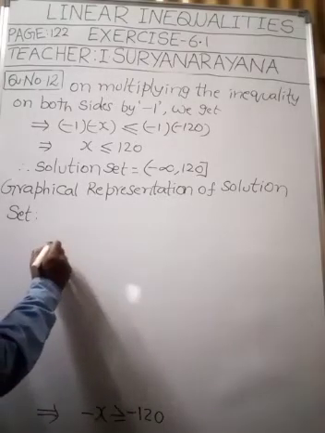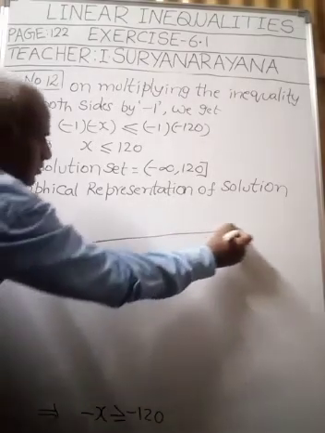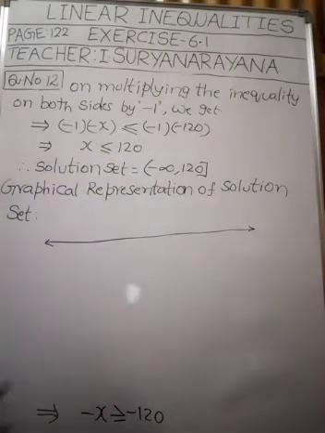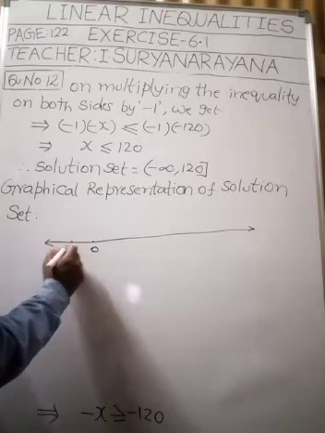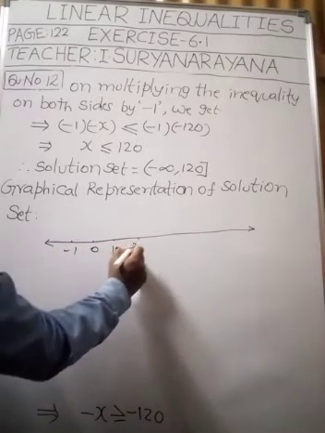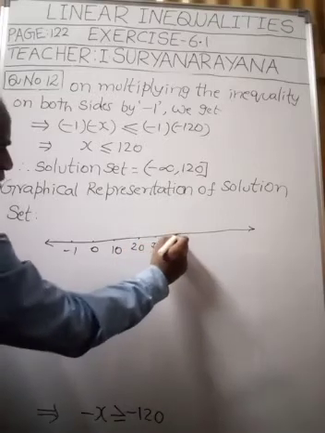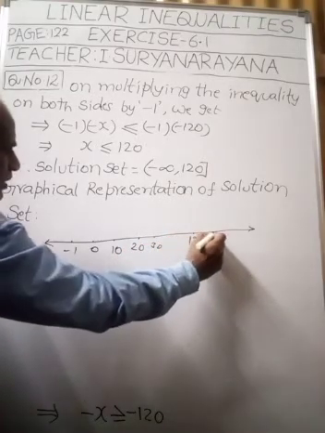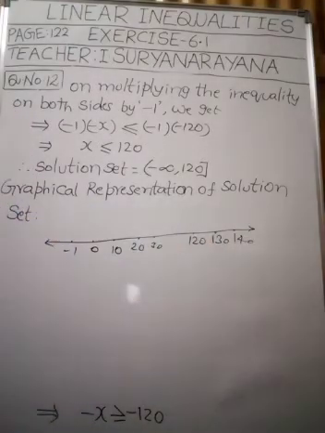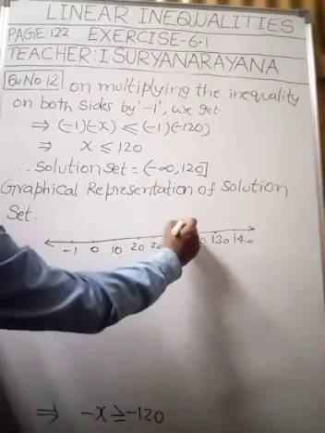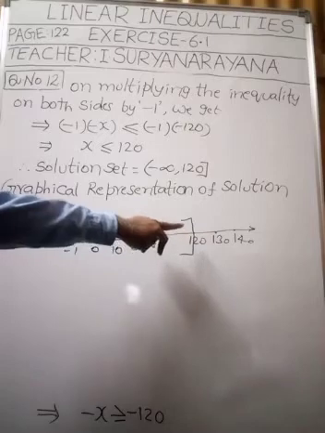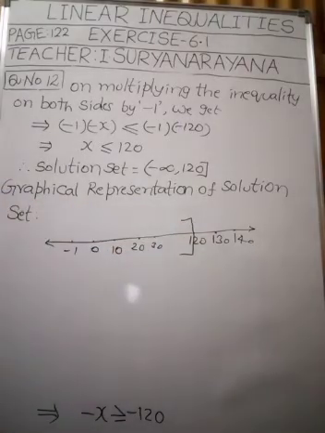Okay, my children, draw the number line, less than or equal to 120. So here 0, here minus 1, here 1, or 10, 20, 30, and so on. Here 120, 130, 140, like this. How do you represent? So here on the number line we have to identify the number on the number line, that is 120.